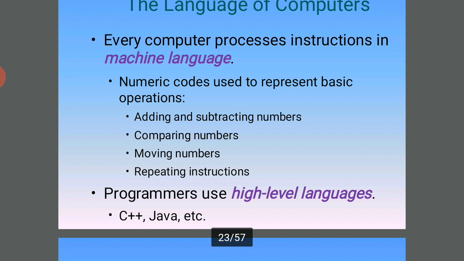Programmers use high level languages. So what are the high level languages? These are C++, Java, etc.